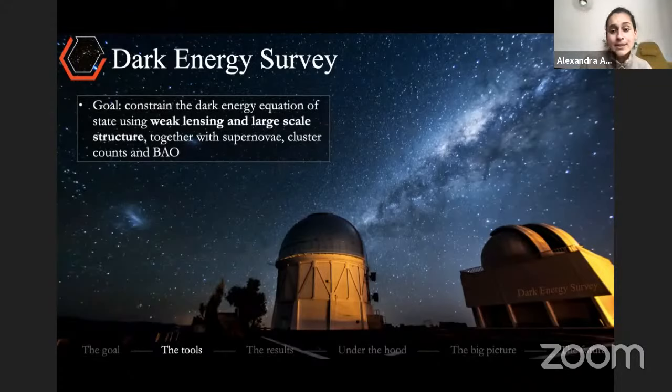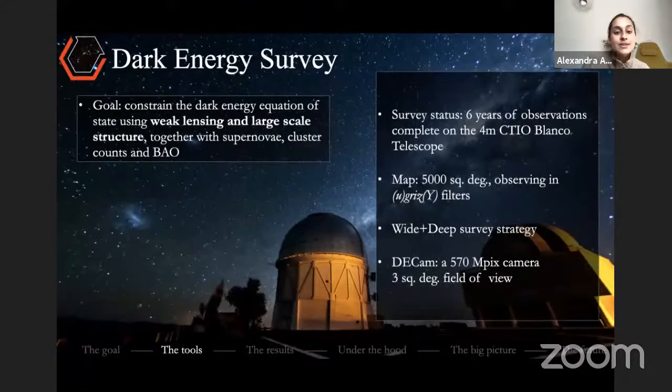So those will be released in follow-up analyses. Now, we used this survey to map 5,000 square degrees of the sky in a few photometric filters with a 3 square degree field of view camera. And we use this wide, deep survey strategy. So I won't go into too much detail of this later in the talk, I will mention it, but this is really key for our year 3 analysis.